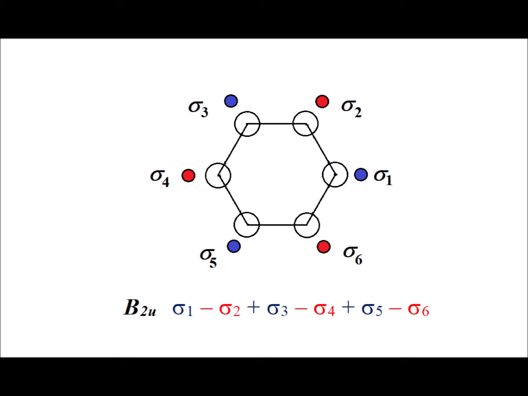So the highest energy of these linear combinations involving just the hydrogen 1s orbitals is going to be the B2U combination, because we notice that it's essentially all antibonding among the hydrogen atoms.